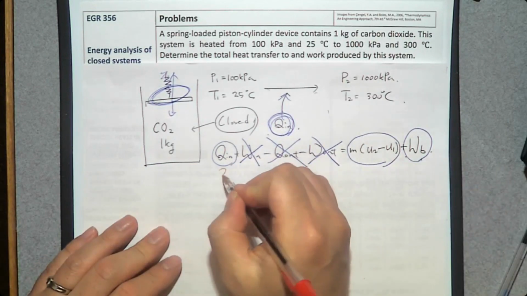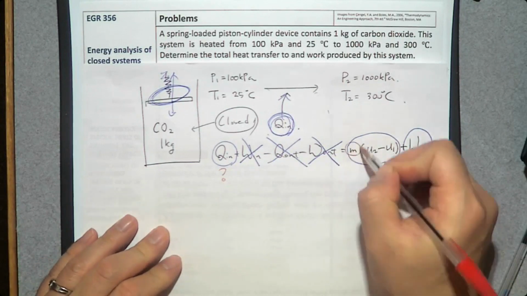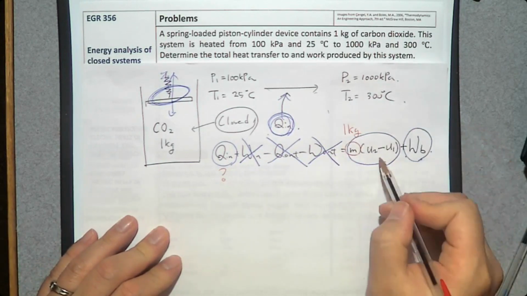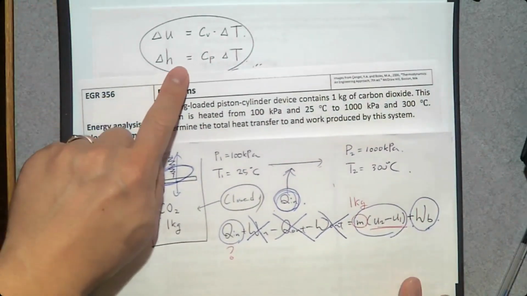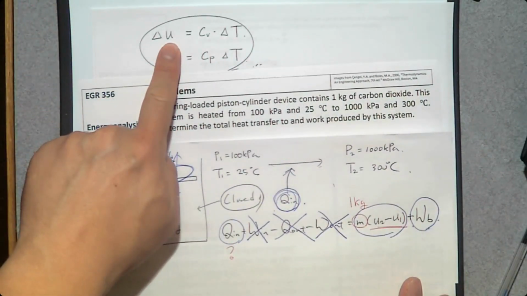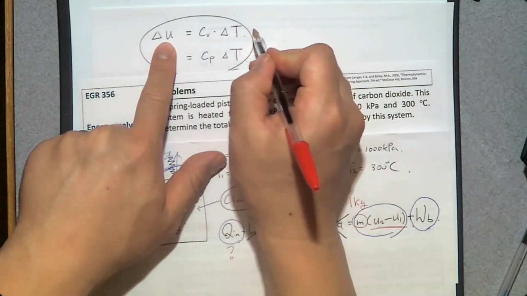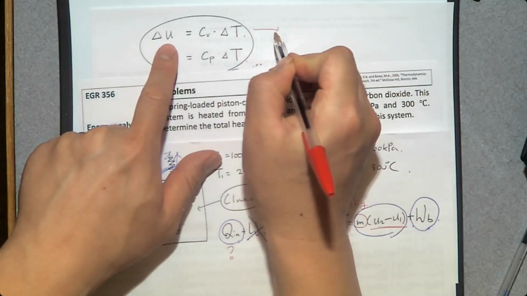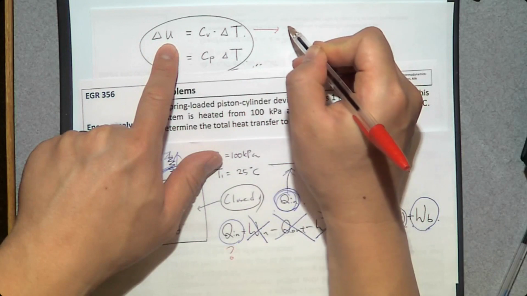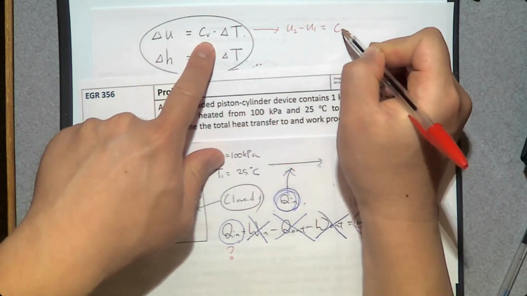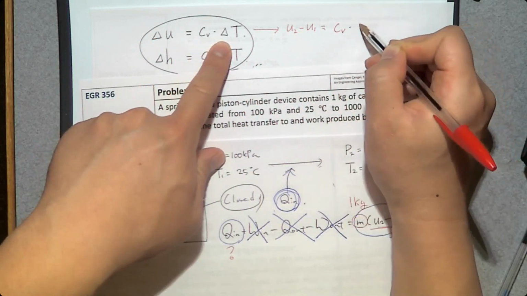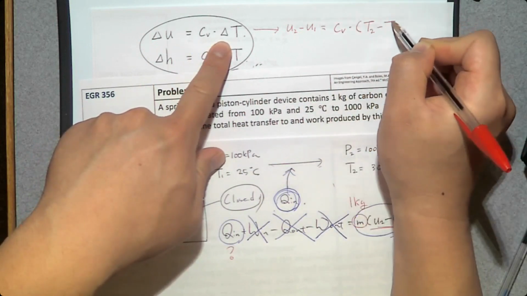This one is the unknown. We know the mass, 1 kilogram, and U2 minus U1 can be determined by the specific heat. In other words, the difference in specific internal energy, U2 minus U1, is CV times the difference in temperature, T2 minus T1.